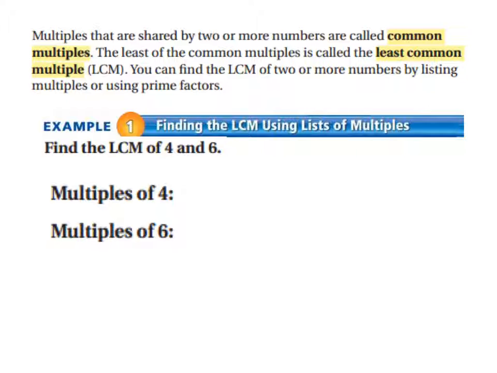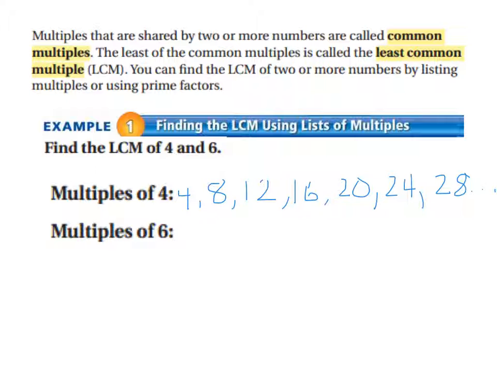I'll start with listing multiples of 4. 1 times 4 is 4. 2 times 4 is 8. 3 times 4 is 12. 4 times 4 is 16. 5 times 4 is 20. 6 times 4 is 24. 7 times 4 is 28. And we could go on and on, simply by multiplying 4 by the next whole number.